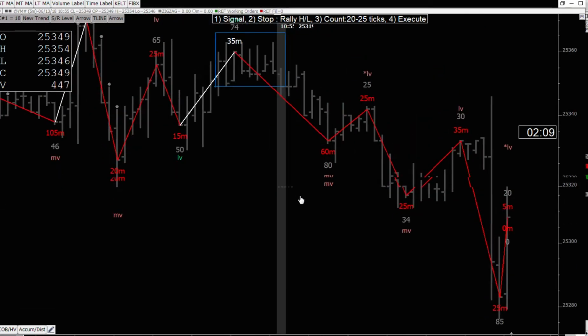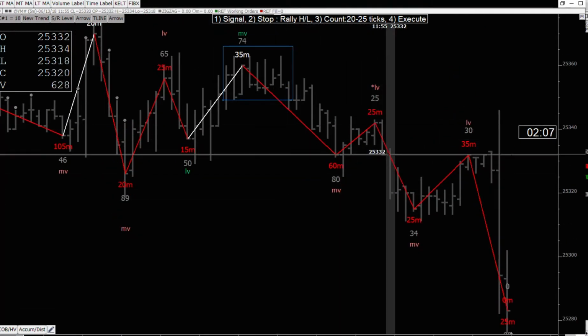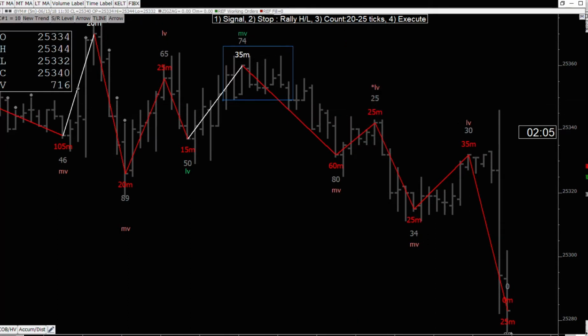So this is why, especially on the short side. On the long side, I think this is less prevalent. But on the short side, there tend to be these spikes. I mean, it happens on the long side too, depending on the market and condition.